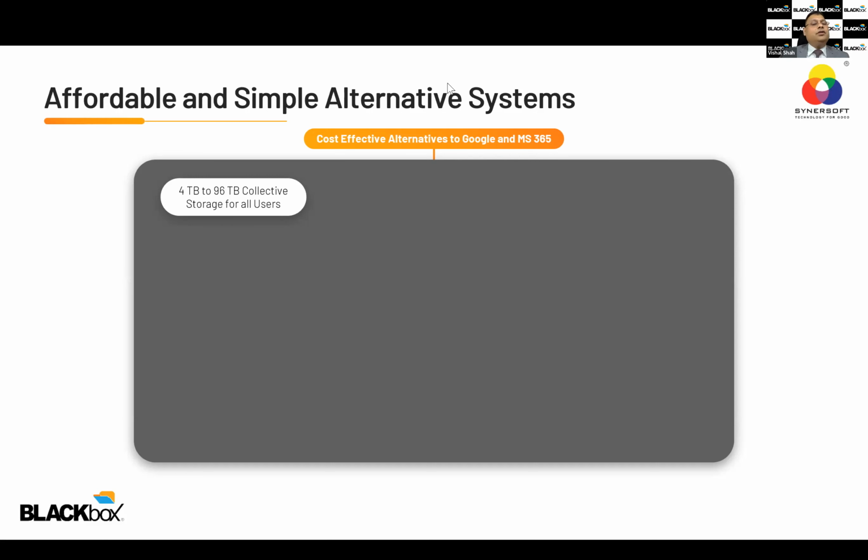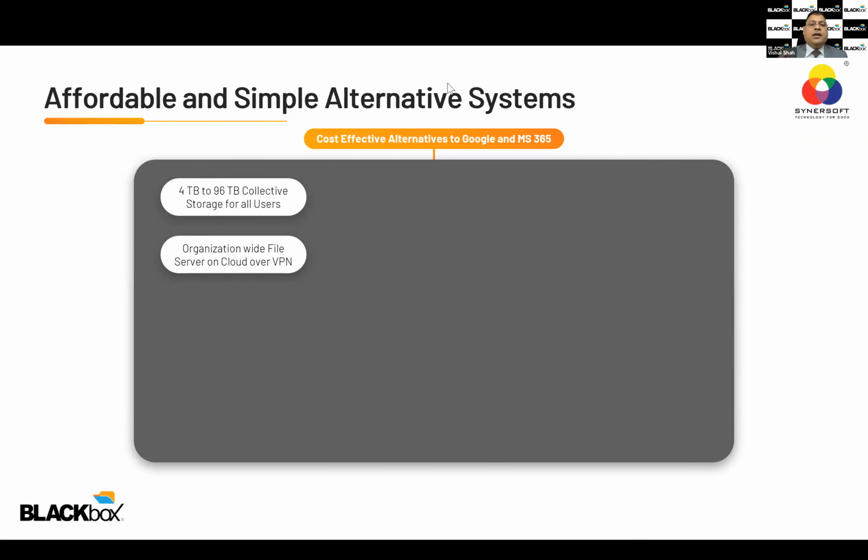Then we should have an organization-wide file server on cloud. And we want to make it secured, so we want to put it on VPN. Right now we are defining our requirements in terms of security, in terms of convenience, in terms of overcoming those limitations posed in Google or Microsoft.